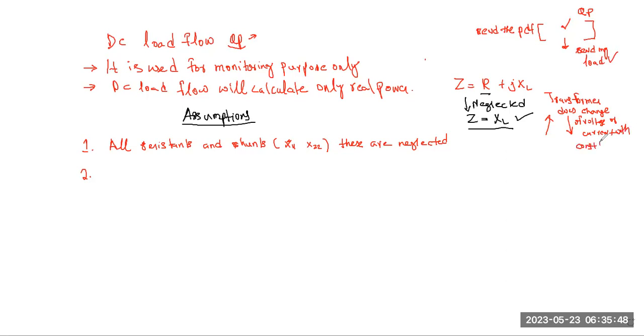So one more assumption that is there: the transformer taps are assumed to be at a nominal setting. Transformer taps, that is the ratio.